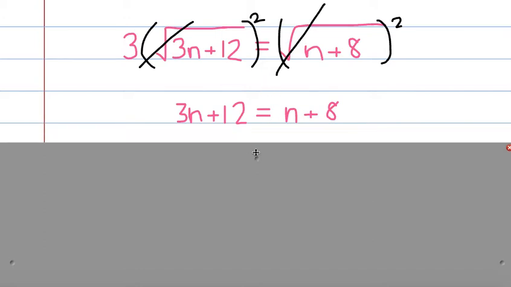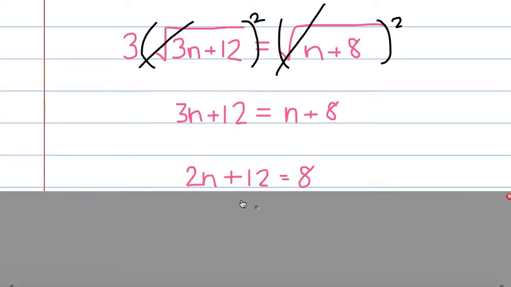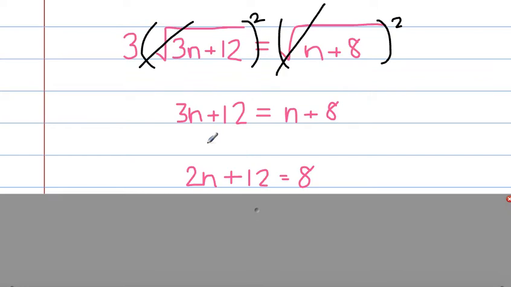And this just simply goes back to order of operations. We're going to subtract n from both sides, and we'll get 2n on the left plus 12 is equal to 8.